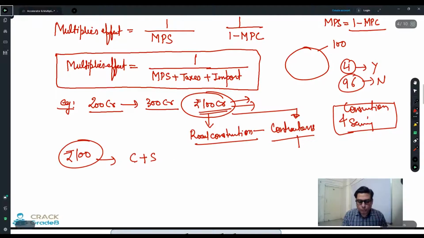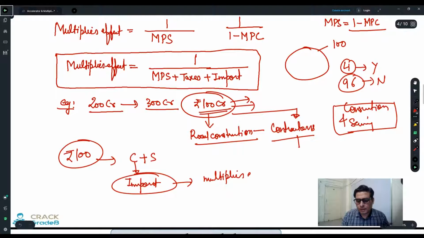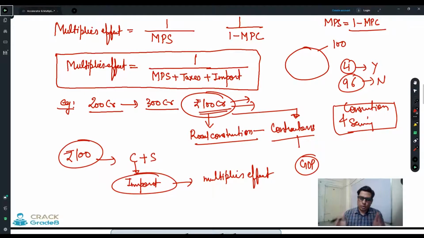But when he is going to consume, suppose that he is going to purchase any imported good which is not manufactured in our country. So any import by him is not going to create any multiplier effect. Why? GDP is the domestic income, but the good which is imported, for example, he purchased a Tesla car in India.